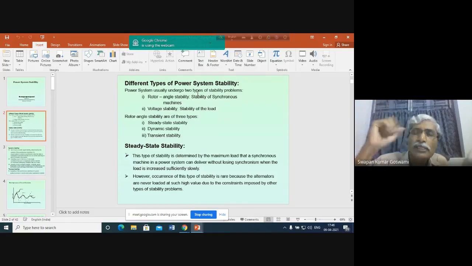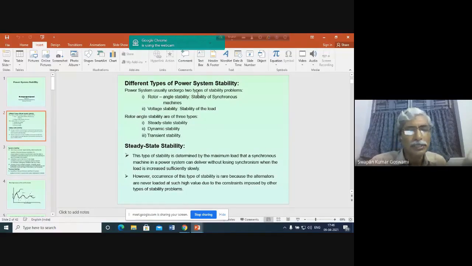So when we discuss stability for this subject, we shall be referring to the rotor angle stability, which means the stability problem because of unbalance between the active power generation and the active power demand.